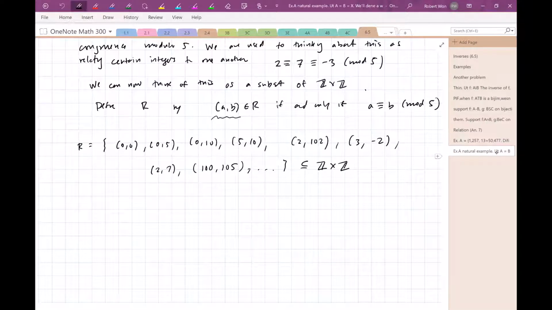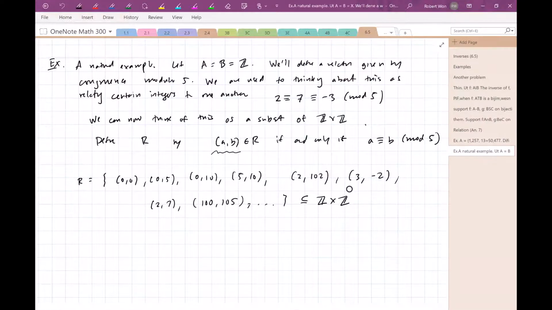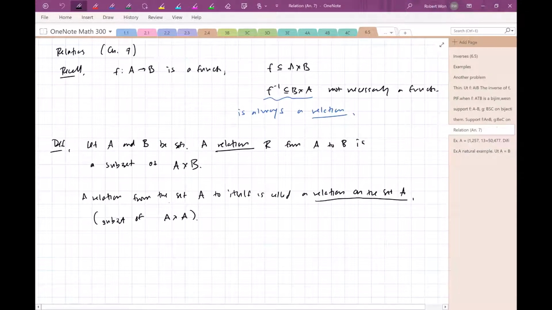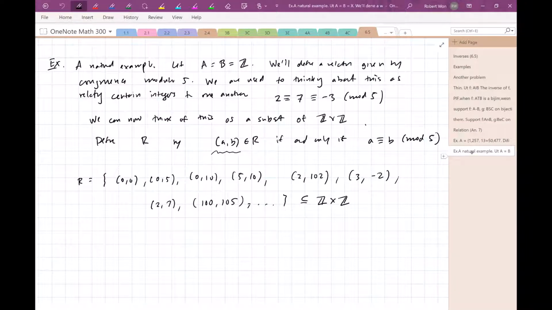This led to a more natural example where I took A and B to be the same set, the set of integers. In this case, we're talking about a relation on A because it's a relation from a set to itself. So this relation on Z was congruence modulo 5.